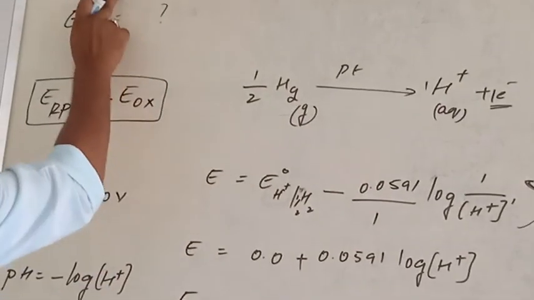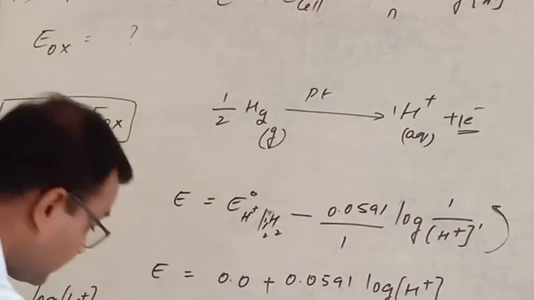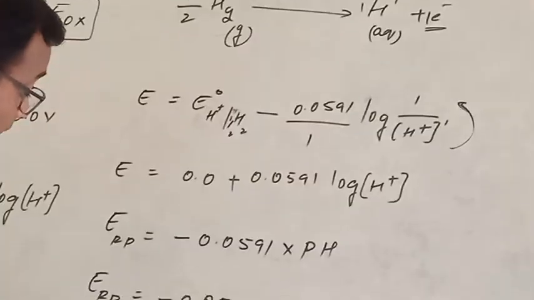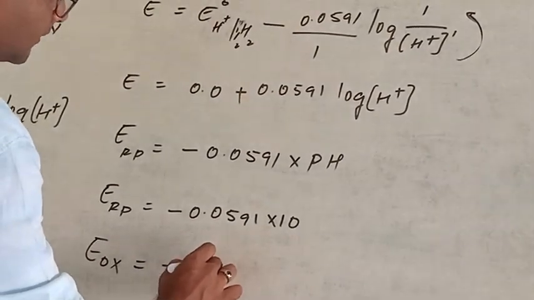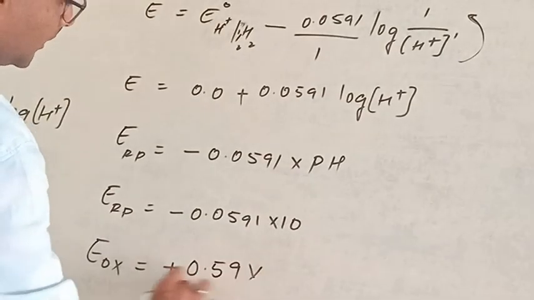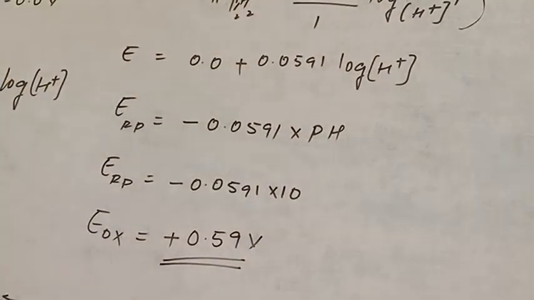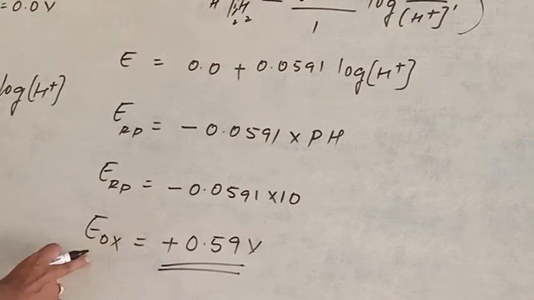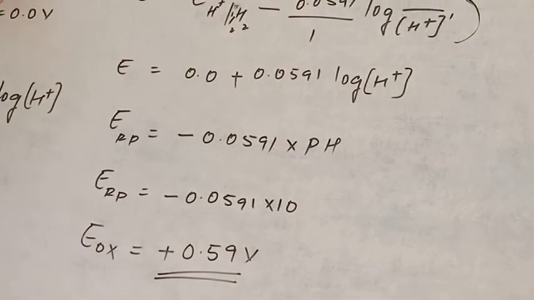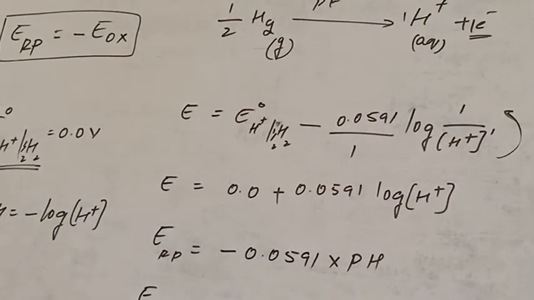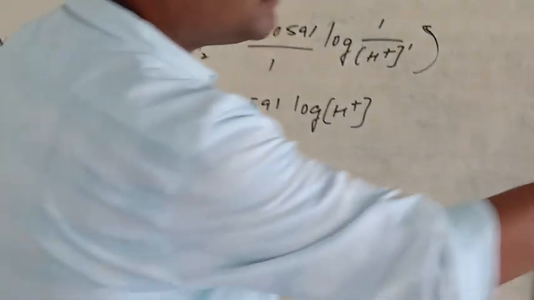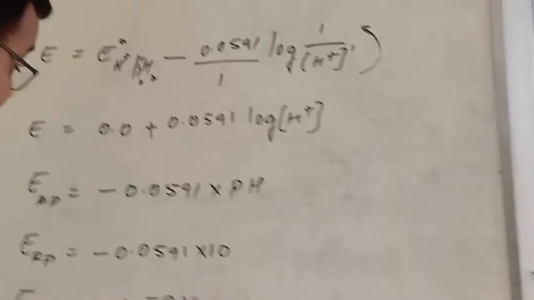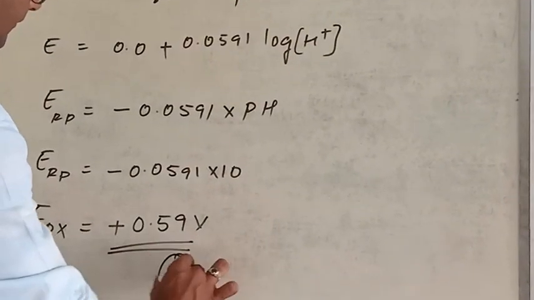Then E oxidation is equal to plus 0.59 volt is the final value. Why? Because the reduction potential is the negative of the oxidation potential. Then the correct answer is option D. That is the answer.